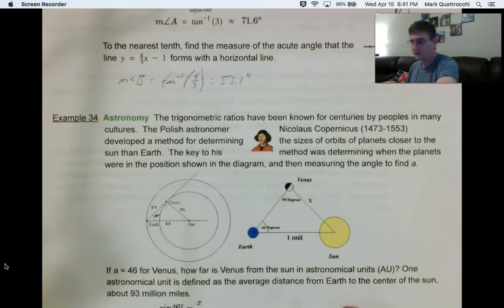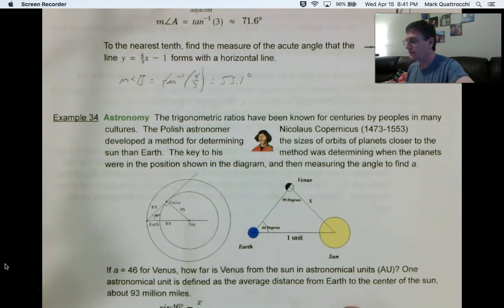Example 34. The trigonometric ratios have been known for centuries by peoples in many cultures. The Polish astronomer Nicholas Copernicus, there's a picture of him, 1473 to 1553, developed a method of determining the sizes of orbits of planets closer to the Sun than the Earth.